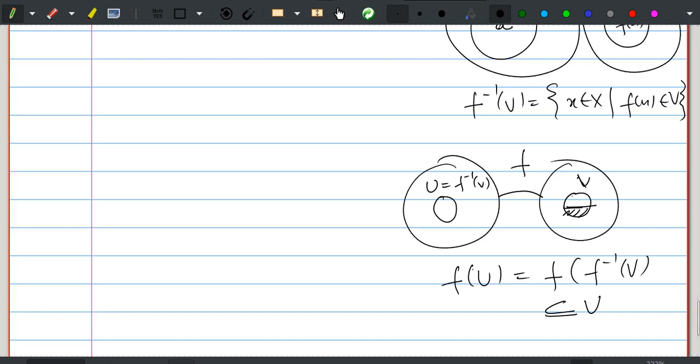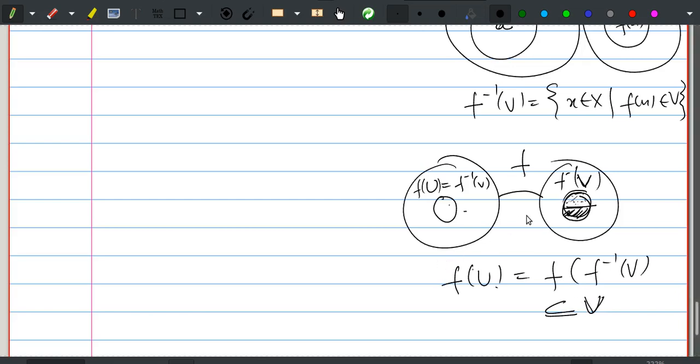So if we take f inverse V, that means we are looking for the inverse image of this set, but f not being surjective means there is some portion of this set which does not have pre-image. So f inverse V means that only these elements in this portion has pre-image. So this f of U is actually this portion. So that is why f of U will be contained in V, because f may not be surjective.